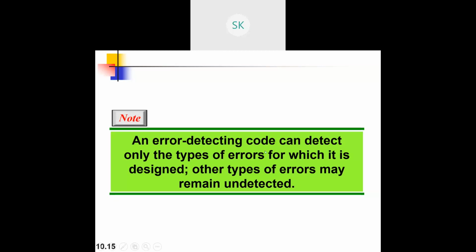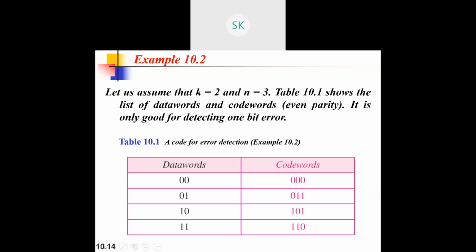Now, an error detecting code can detect only the type of errors for which it is designed. Suppose we are doing it for 2 bits, then this table is correct. Suppose we are sending 3 bits and the code word is the same particular table contents, then it will be wrong. That is the wrong assumption that we are making. So the entire scenario will go wrong.